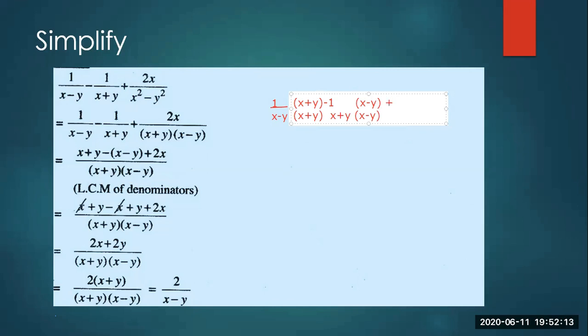Plus 2x by x plus y into x minus y. This denominator remains the same because it is already the LCM, x minus y and x plus y.